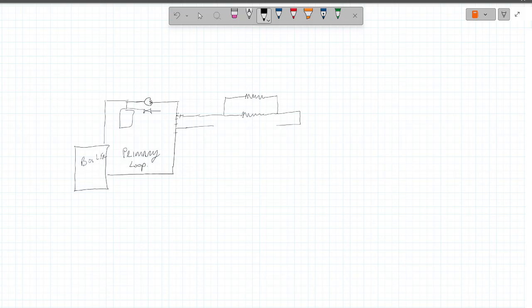It comes back out, it comes back in. I could do another one down here that takes off, and another one here takes off.